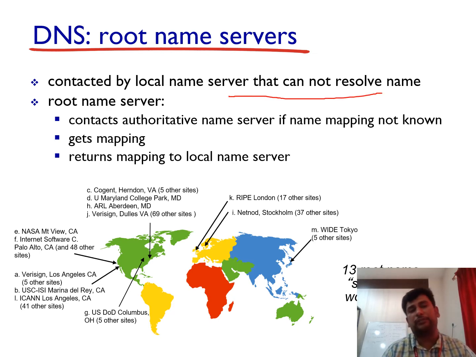The DNS root name servers contact the authoritative name servers, whether .com, .org or .edu, and find the IP address of that URL from different sources. Once it finds it, it returns that mapping of URL to IP address to your local name server, from which you receive it.